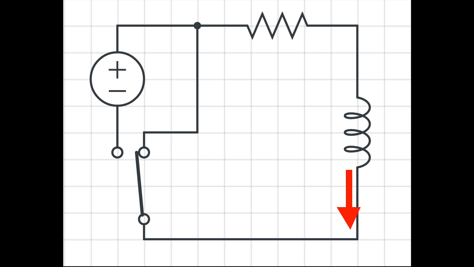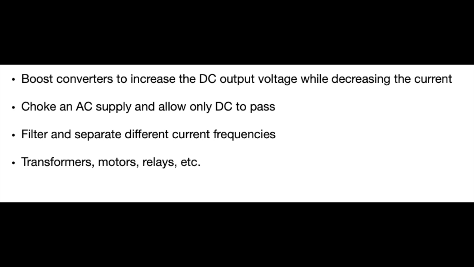Now that we have a basic understanding of how inductors work and how RL circuits work, let's take a look at how they are used in our everyday lives. So they are used in boost converters to increase the DC output voltage while decreasing current. They can also be used to choke an AC supply and only allow direct current to pass.